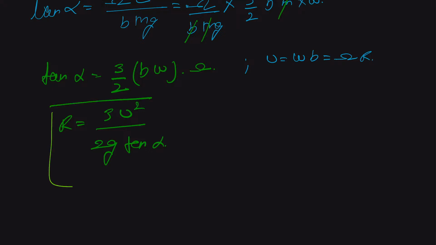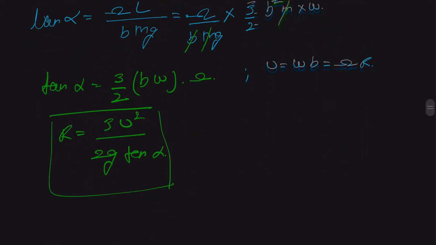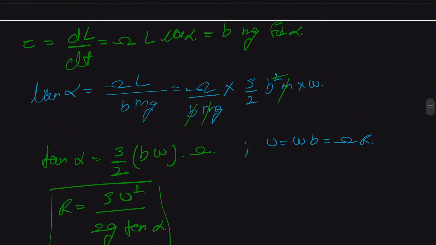So from here we can also get the radius part. I think, if I'm not wrong, one second, L b mg omega omega. Yeah, I think this looks okay. So next question.